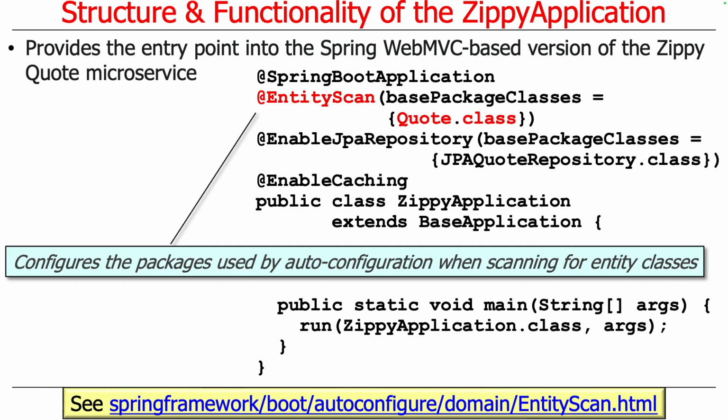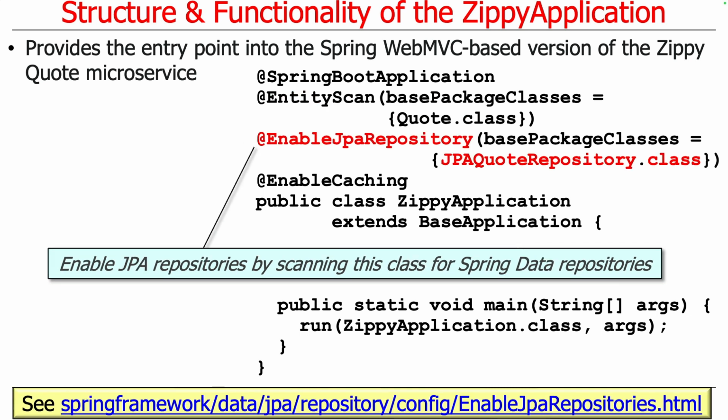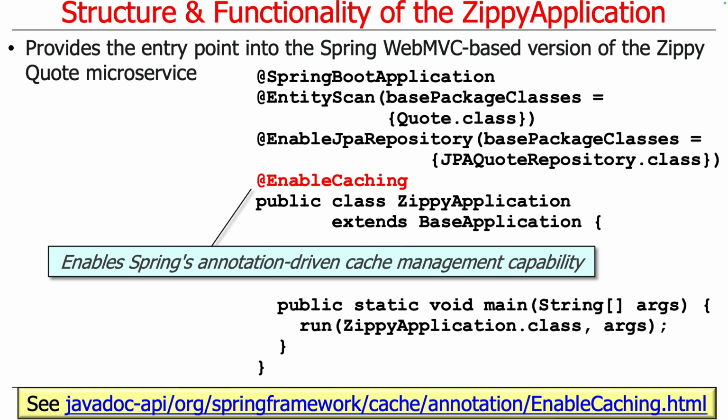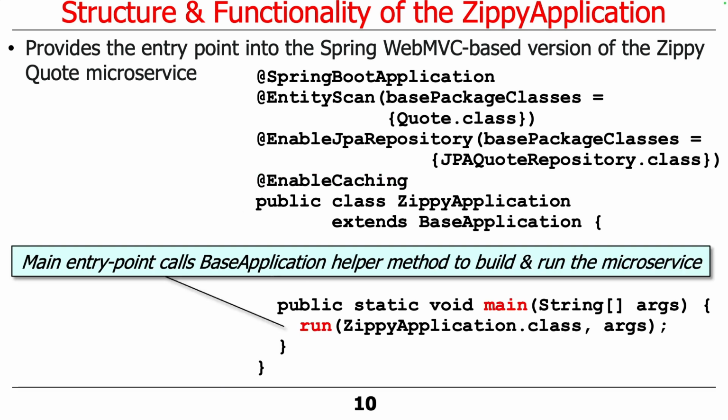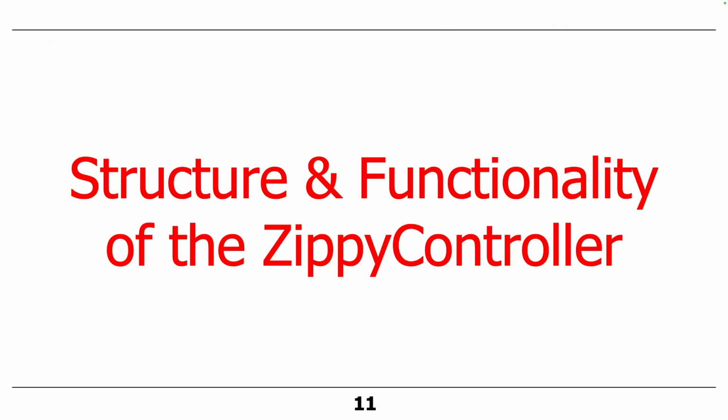We've got entity scanning to be able to find the entities that are going to be put into this repository that will be persistent, and we're going to enable caching. Notice that we don't have to write a lot of code to do this. We just have to turn on the annotations, which is a help down the road. And then finally, it'll call the base application helper method to build and run the microservice, and we've kind of seen how that works before.